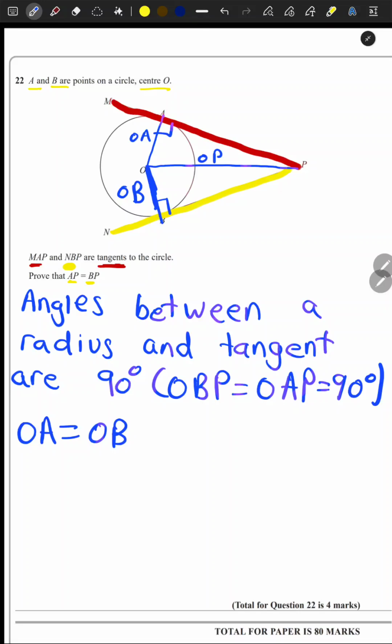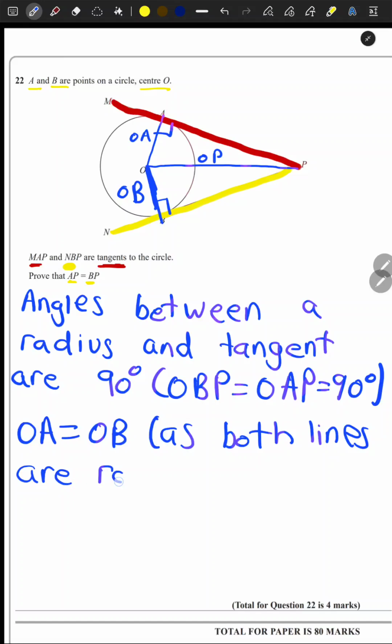Because both of them are points on the circle and O is the center, OA must be a radius and OB must also be a radius. Therefore, OA is equal to OB as both lines are radii, which is just the plural for radius.